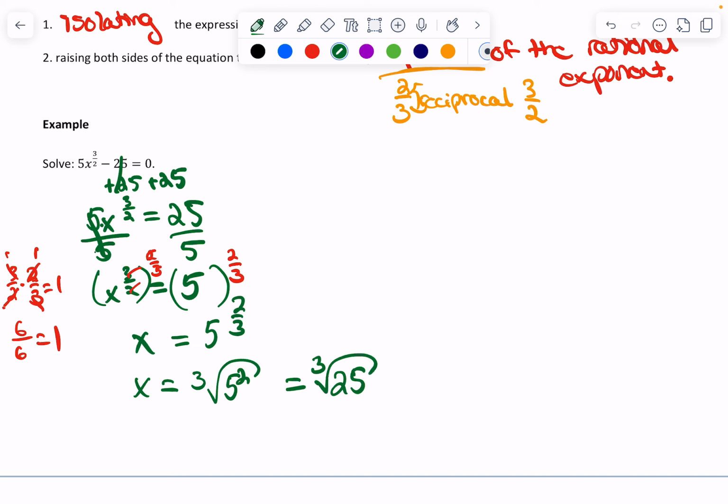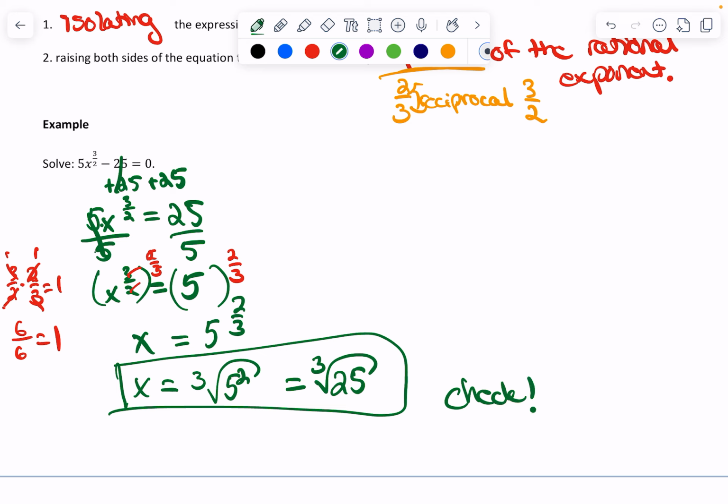Cube root of 25 is not a whole number, so we're going to leave it like that. Of course, you should go back, as always, and check your answer. If we go backwards and check it, we'll get a correct answer.